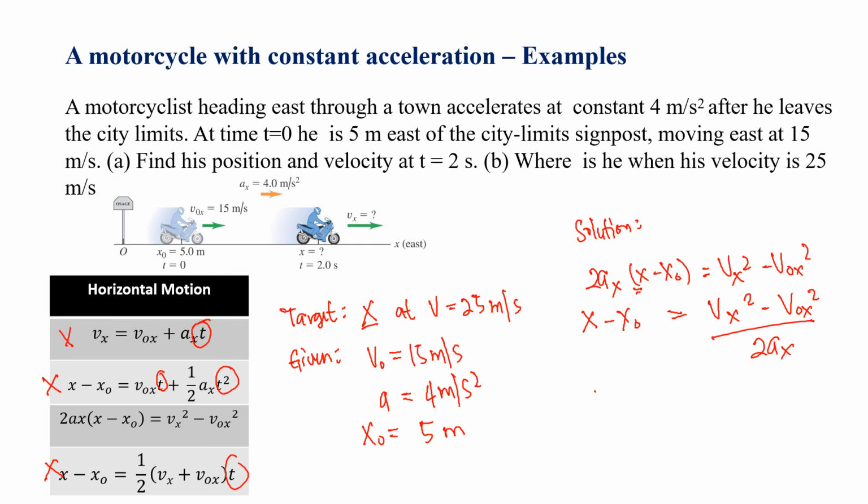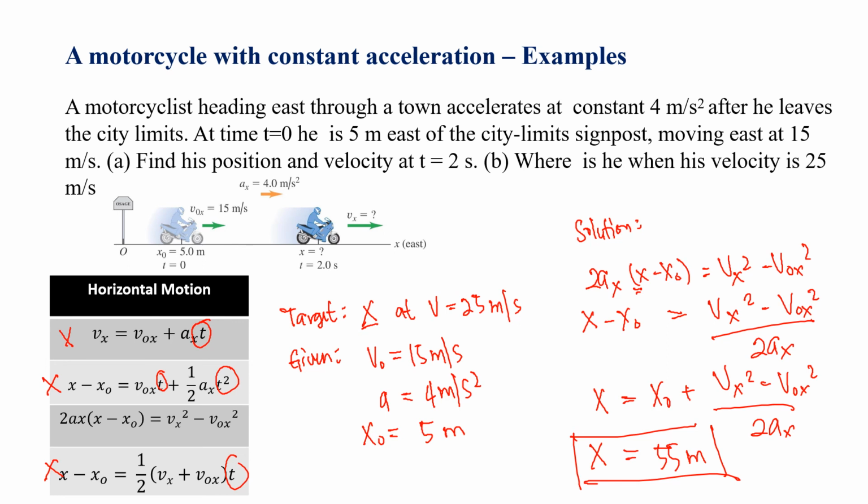Transposing your x naught, you have your x is equal to x naught plus v squared minus v naught squared over 2a. You can solve this one on your own, and you should get an x of 55 meters. Please confirm it yourselves. Please see if indeed we get an x equal to 55 meters.